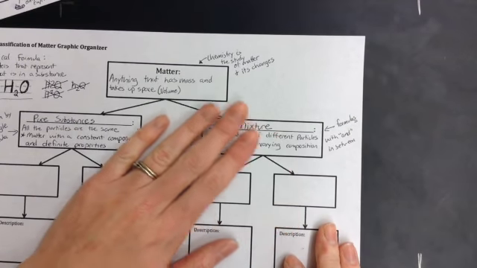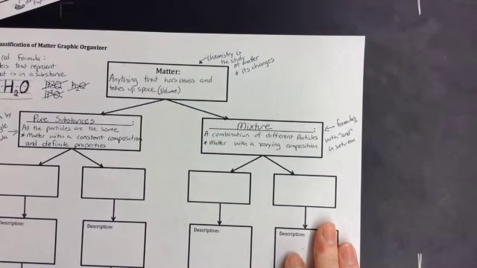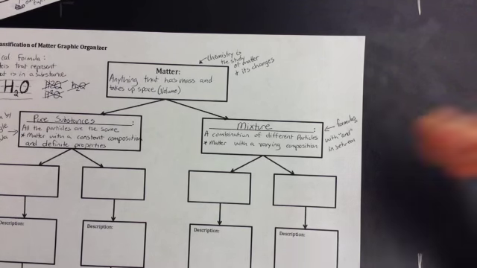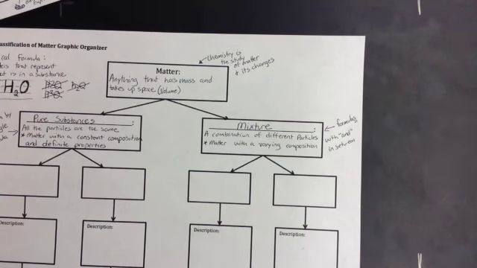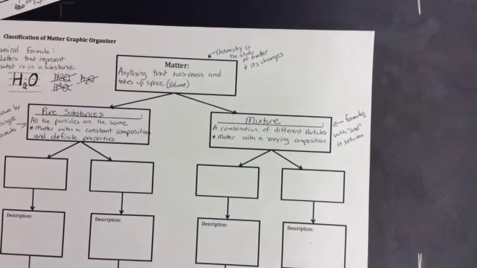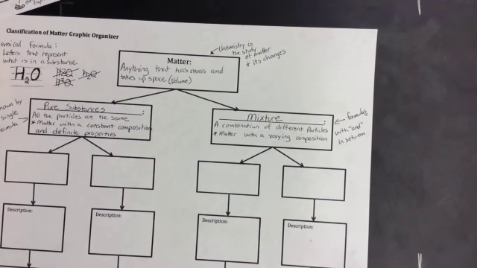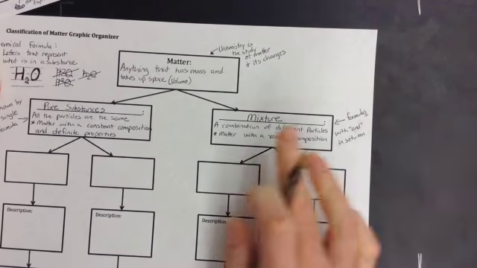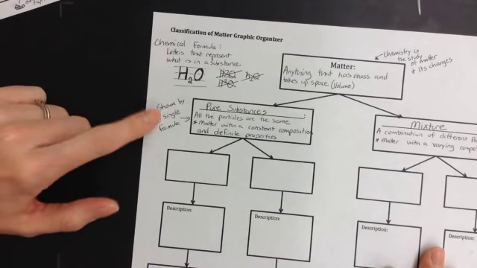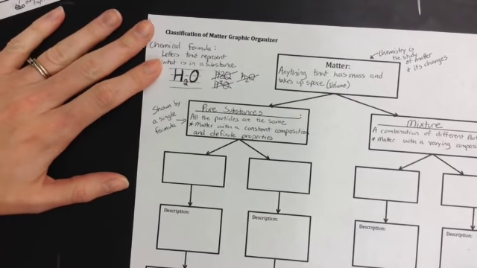Milk is a mixture. Milk has water, it has fats, it has protein, it has vitamins. It is a mixture of things. In fact, it's got so many things that it would be silly to try and write down a formula for it, because it would have, I don't know, 6 or 8 different things with an and sign in between, possibly more than that. So if you see an and, then you know you're talking about a mixture. If you don't see an and, you know you're talking about a pure substance.